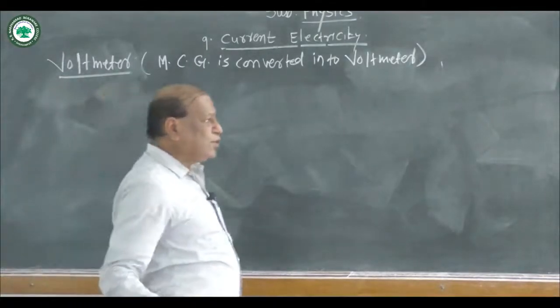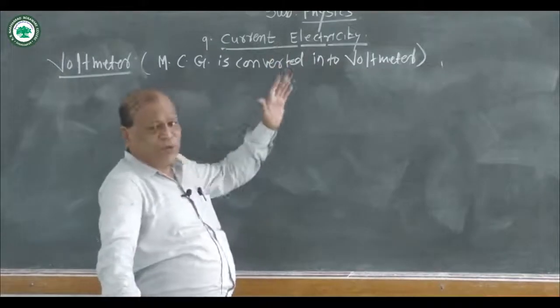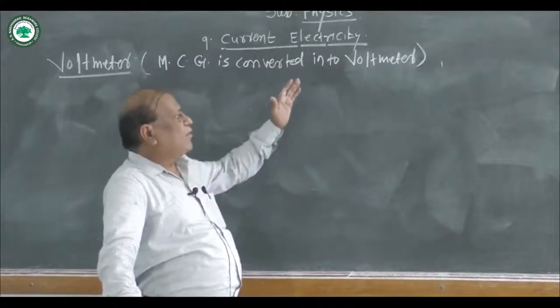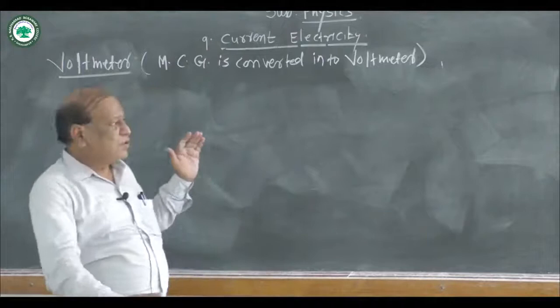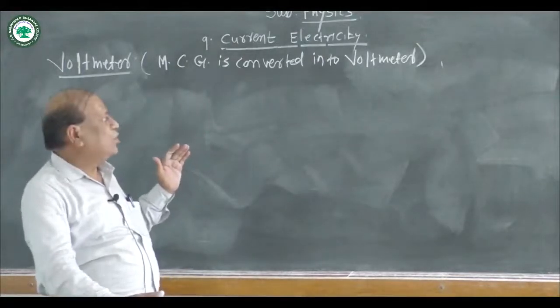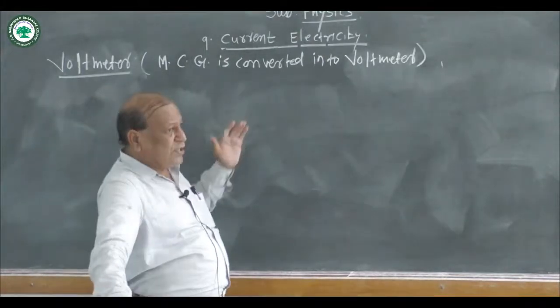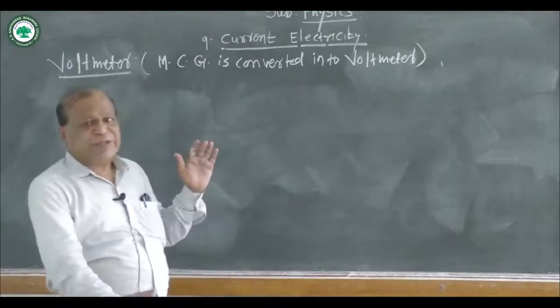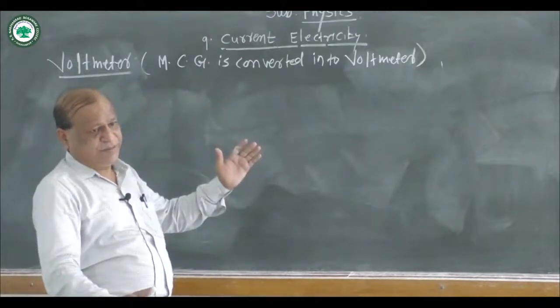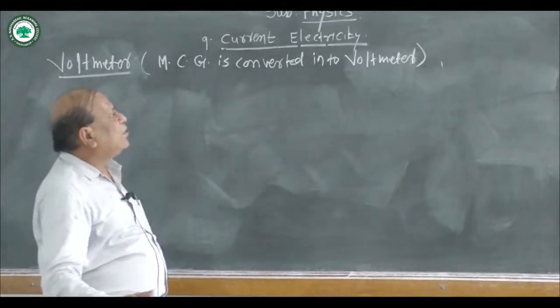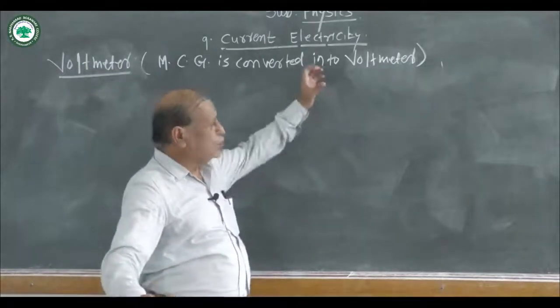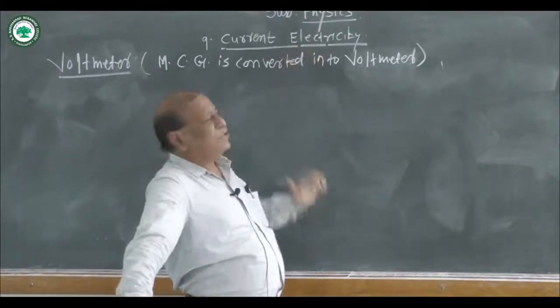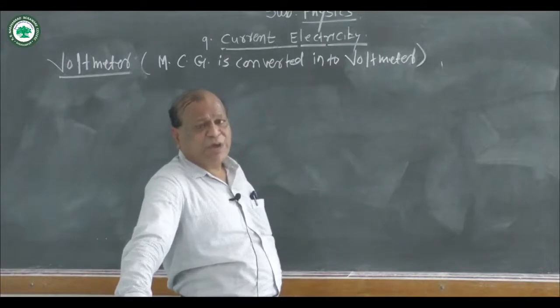For the measurement of potential difference, this voltmeter is connected parallel to the given circuit, and therefore the effective resistance of that circuit decreases, and the potential measured by this voltmeter is not accurate.